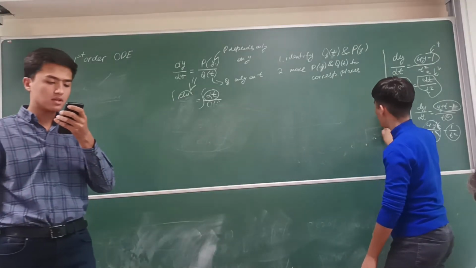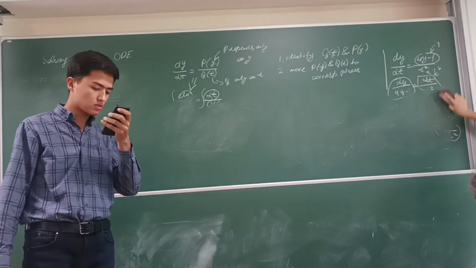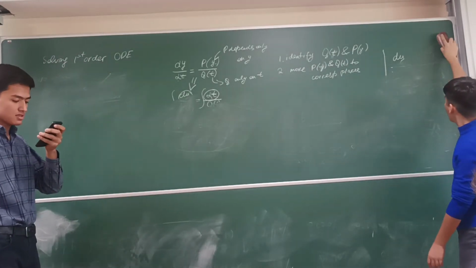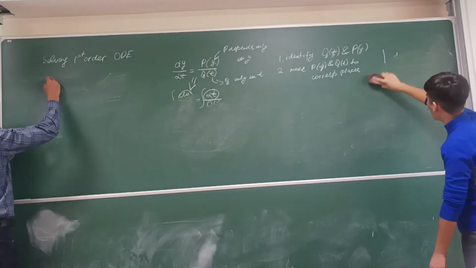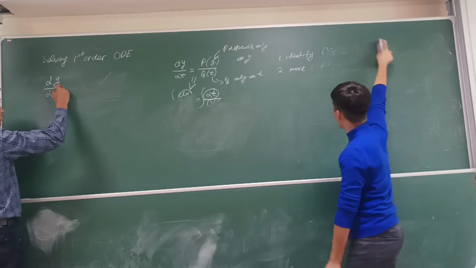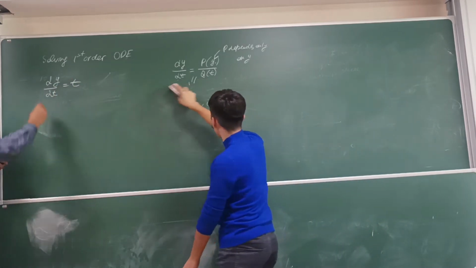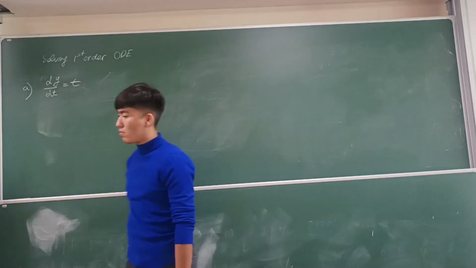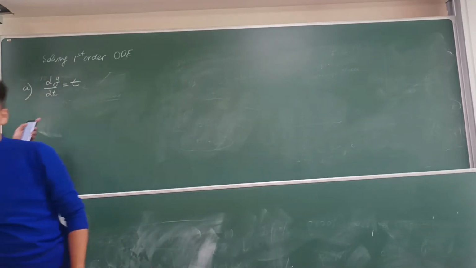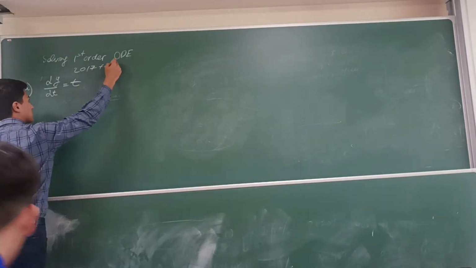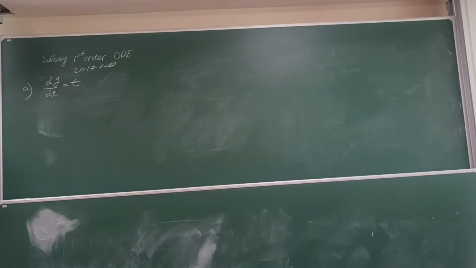In midterm sample 2017, in question number 1, three types of equations are given. For example, here dy/dt equals t. It's part A. It's separable.